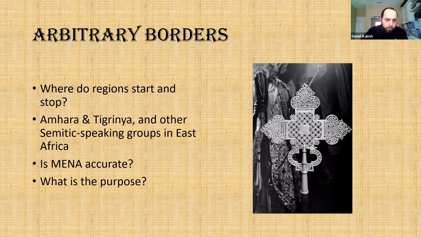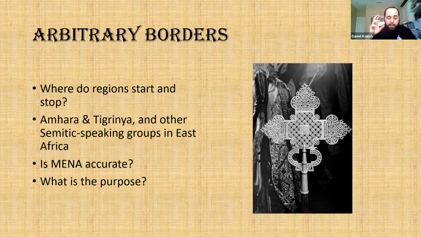You have Semitic speaking people in Ethiopia, Eritrea, and parts of Sudan that border those countries. These people speak Amharic or Tigrinya, and these are actually closer languages to Arabic, to Hebrew, to Syriac than say Turkish or Persian, which is not related whatsoever.